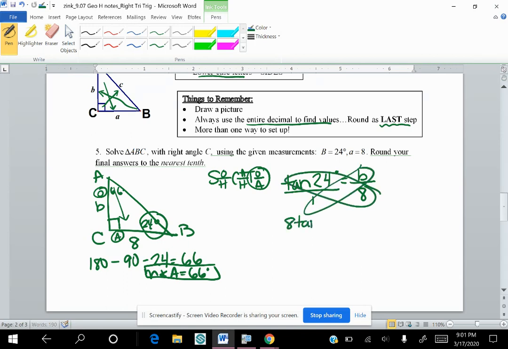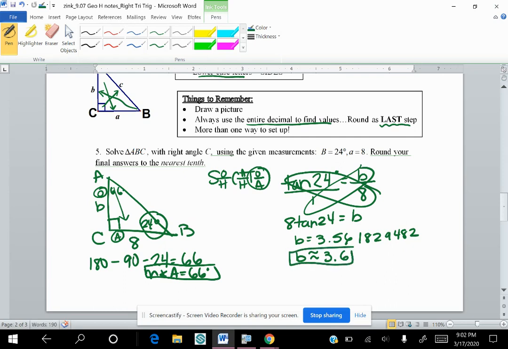So I get 8 times tan 24 equals b times 1 is b. Then type that right into your calculator, and it should give you about 3.56. It does say round your answers to the nearest 10th, so we'll do 3.6 for that one.